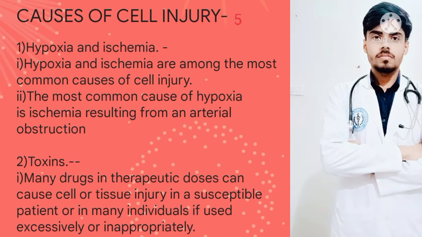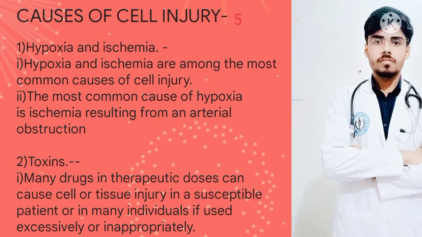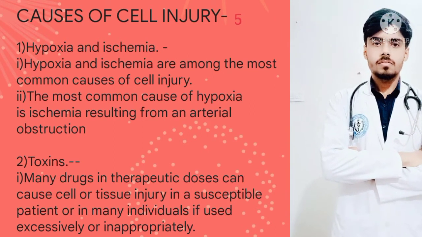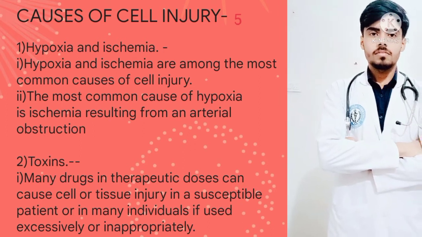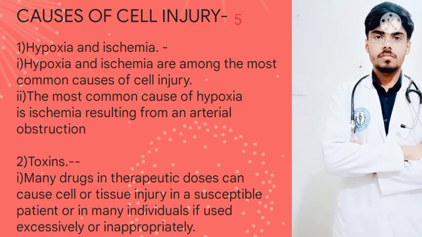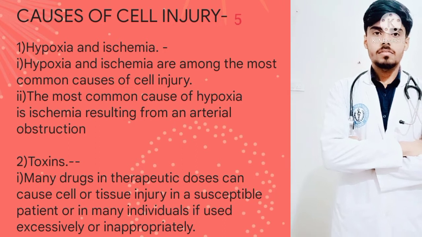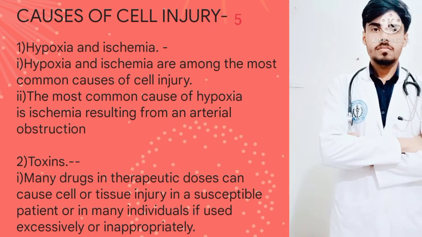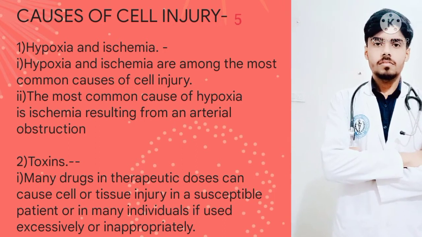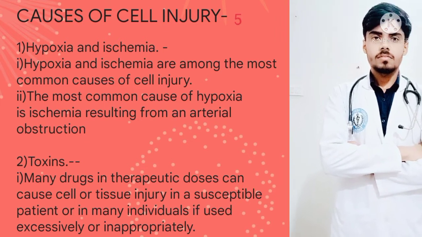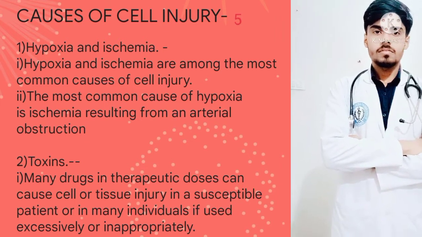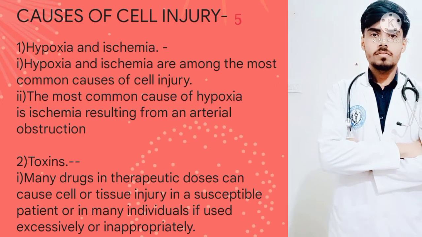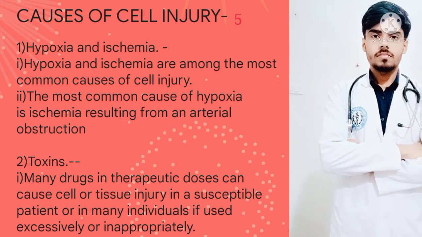Now we will discuss the causes of cell injury in detail, one by one. The first factor responsible for cell injury is hypoxia and ischemia. The first statement you should remember is that hypoxia and ischemia are among the most common causes of cell injury, and the most common cause of hypoxia is ischemia resulting from arterial obstruction.